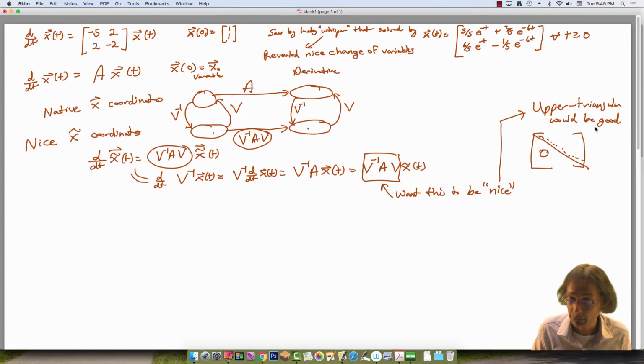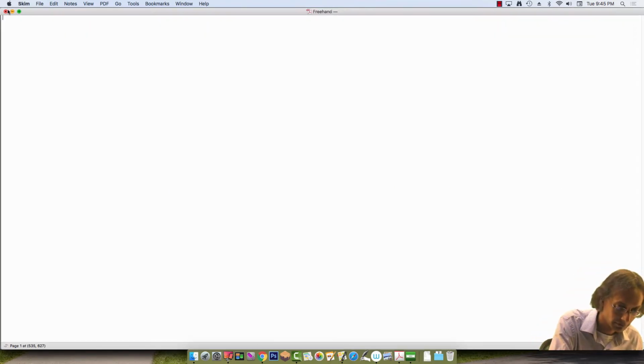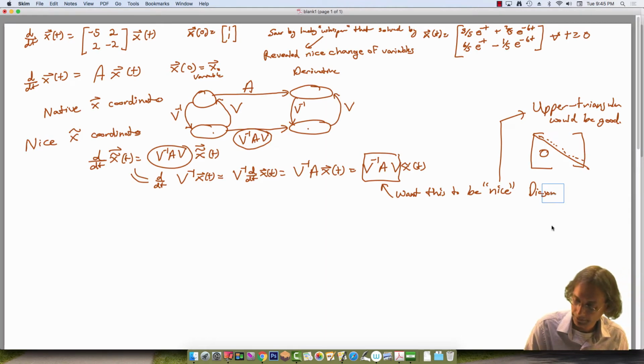What's the simplest kind of upper triangular matrix? The simplest kind is one in which we don't even have to do the back substitution, where the matrix is simply diagonal. So upper triangular would be good, and diagonal would be great.